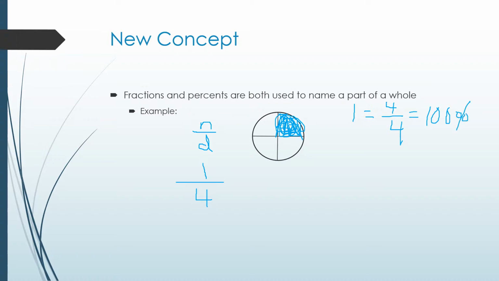So really what I need to do is find 1/4 of 100%. And if you remember, we do that by dividing by the denominator. So we're going to do 100 divided by 4, and that equals 25. So 25% of this circle is shaded.